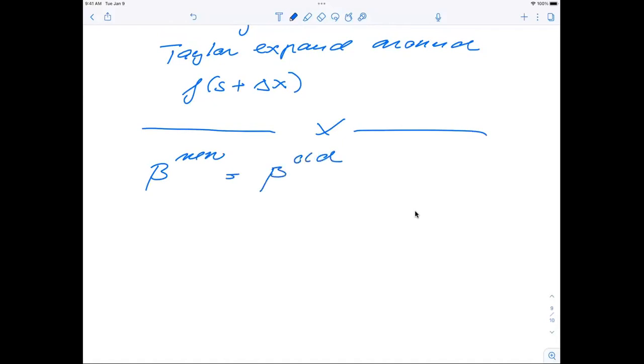And what we had is the inverse of this Hessian matrix, which depends on beta old. So we would have to evaluate this matrix at the previous values. So that itself is expensive from a computational point of view. So we need to take the inverse of that one, and we multiply this, and I just write this as G, as a gradient, calculated at beta old.